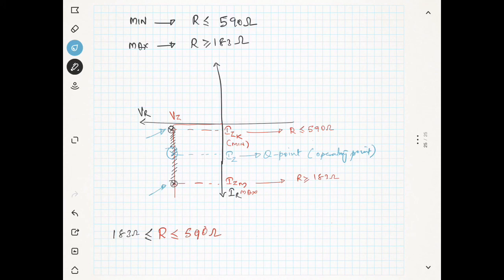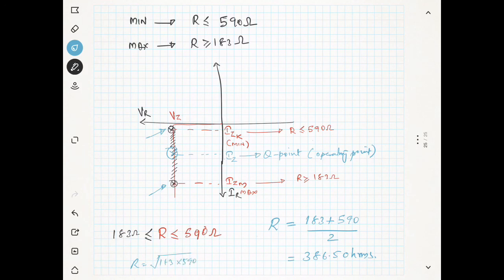So the better way to choose R is just to take the average, 183 plus 590 divided by 2. So you will get the answer as 386.5 ohms. You can also take the average in another way, like R is equal to the square root of 183 into 590.